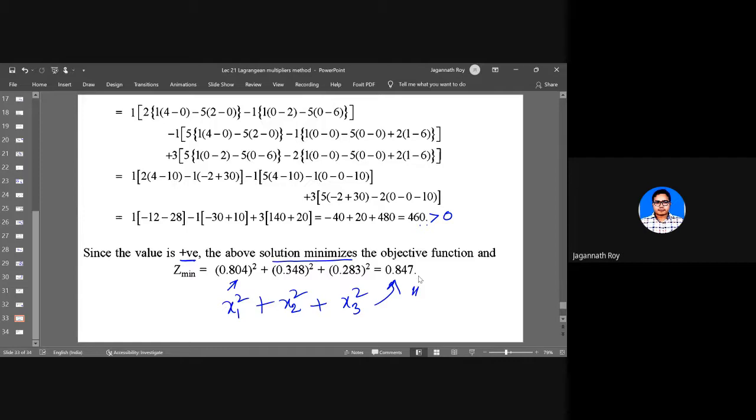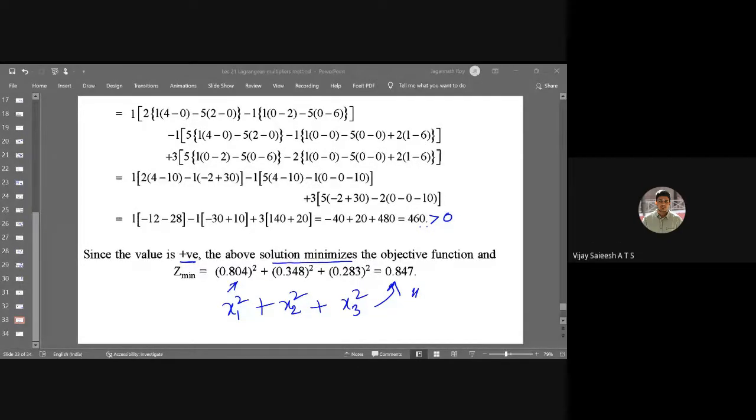After this, any doubt? Sir, we have defined the Lagrangean to be f minus summation lambda h. What if it is f plus summation lambda h, sir?